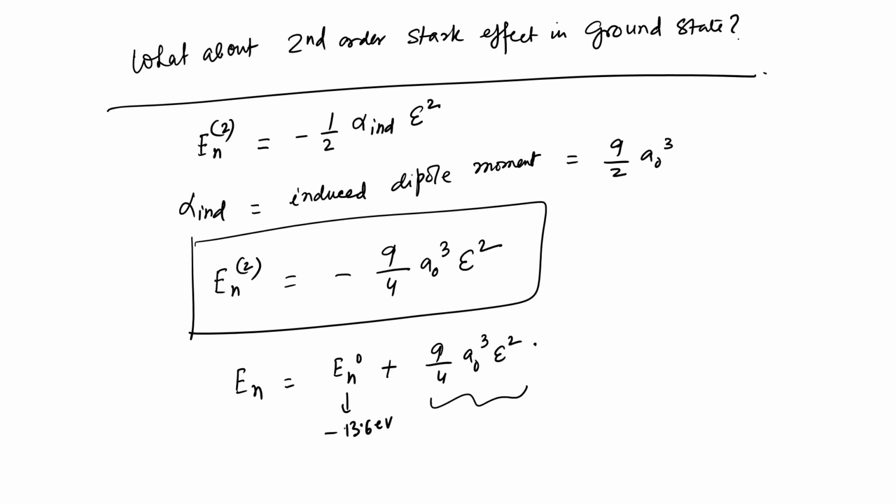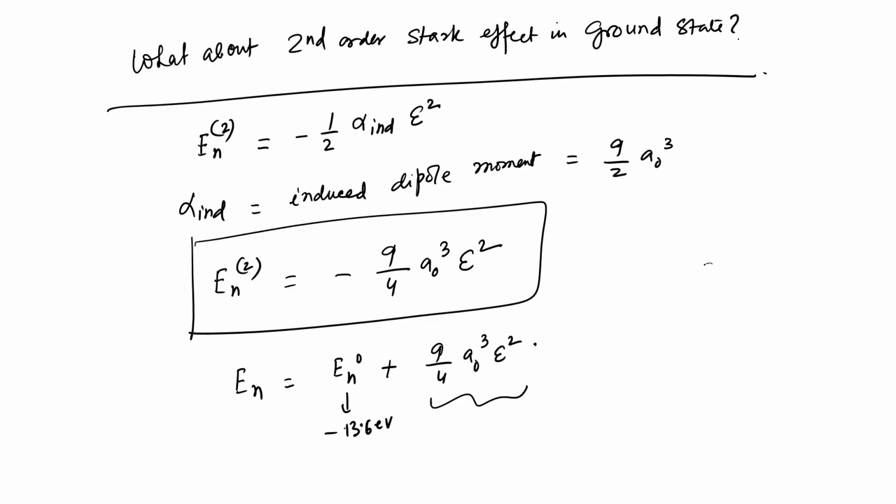So, we have talked about degenerate perturbation theory and how the Stark effect can be analyzed, and that the first order Stark effect on the ground state equals 0, and that happens because the S orbital is spherically symmetric. So, the electric field, which tries to create a dipole moment on a spherically symmetric orbital, does not have any effect.